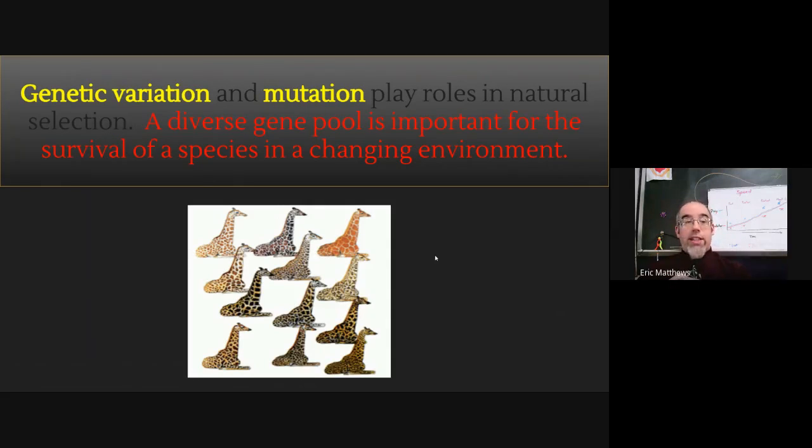Now, obviously today, we don't have all of these variations still around. But in having them at some point, that gave giraffe a very broad range of possibly successful phenotypes. So as the environment changes, we want variation because it makes it more likely that at least some group of the species will survive.